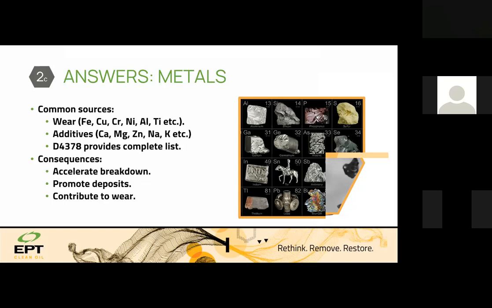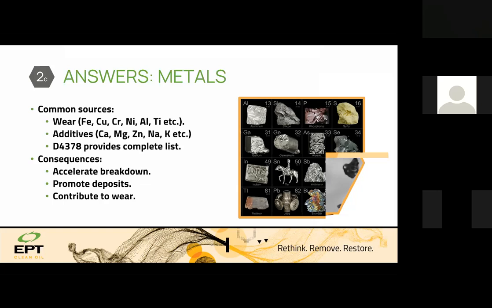So we need to put a baseline here. We need to test the new oil to know the metals in the new oil, and then once we test the used oil, we can monitor the additives, and then we can monitor the wear levels.